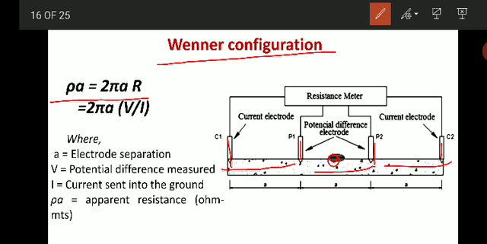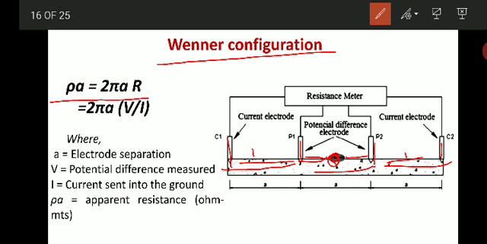Suppose at this point I want to know what is there below the ground. From this point on either side, suppose the spacing is 1 meter, then this also remains the same. So 1 meter, 1 meter. All four electrodes will move simultaneously at each next reading.